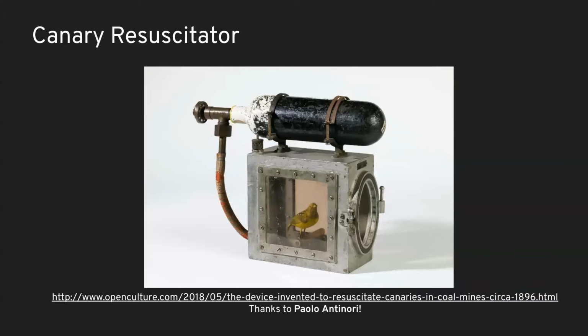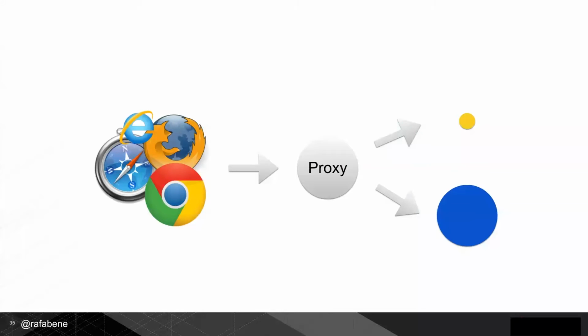Of course, at that time, there was the canary resuscitator. So the canary didn't die, okay? The idea is not to do any harm to the canary. But in the software industry, the canary version is the idea of releasing the software and sending just a small amount of traffic to that version.